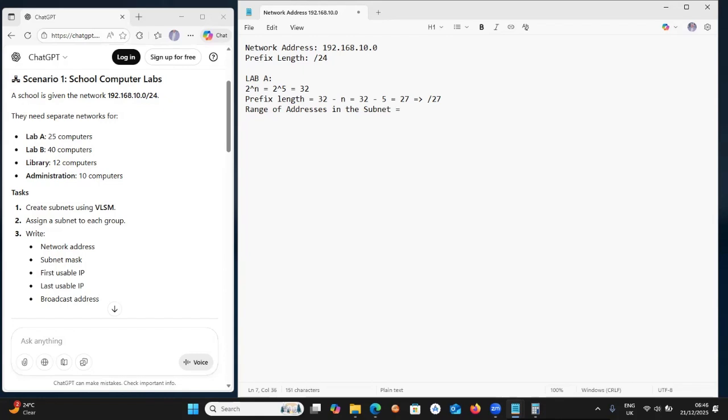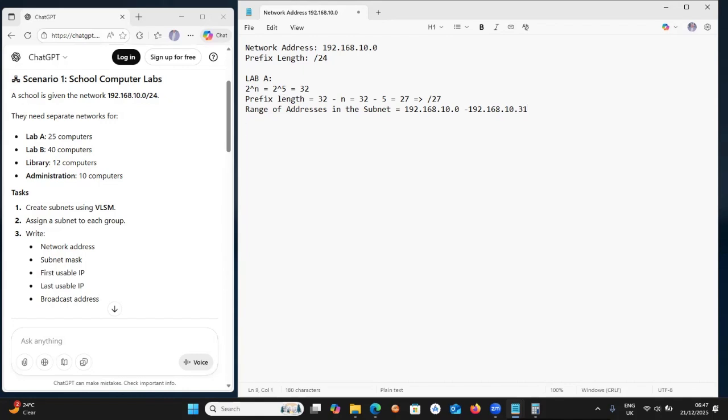The first address is 192.168.10.0, up to 192.168.10.31. I hope you know how it is like that. Since we start from 0, adding 1 to 31 will make it 32. So this is the last address in this subnet.